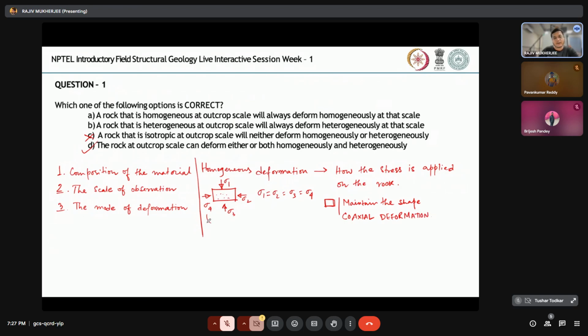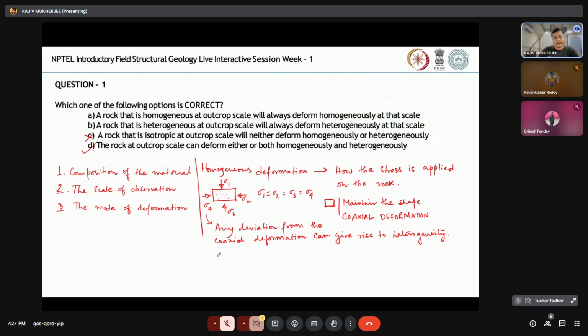So any deviation from the coaxial deformation is a heterogeneous deformation. It can give rise to heterogeneity, right?